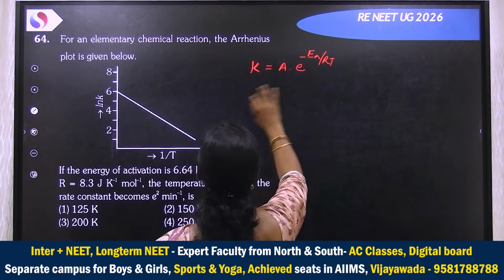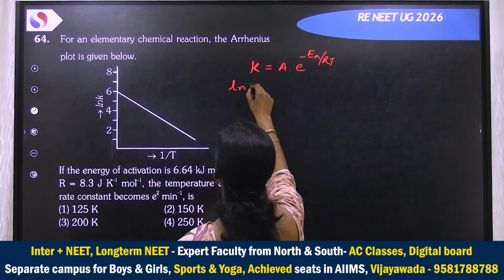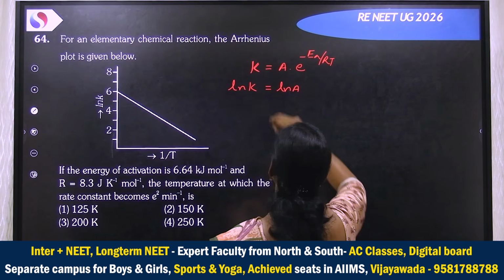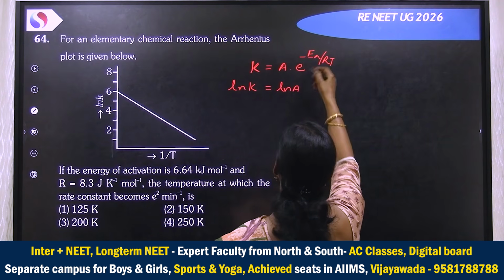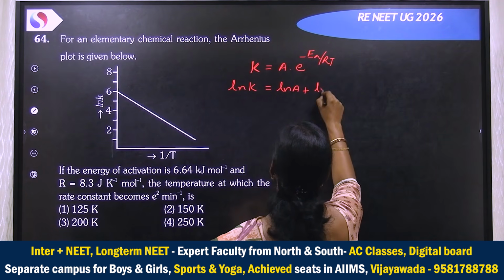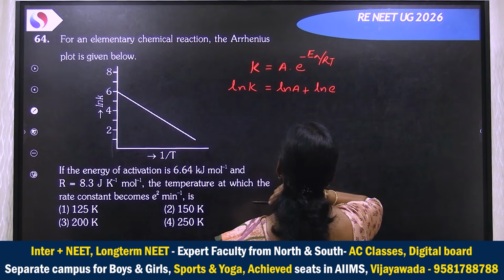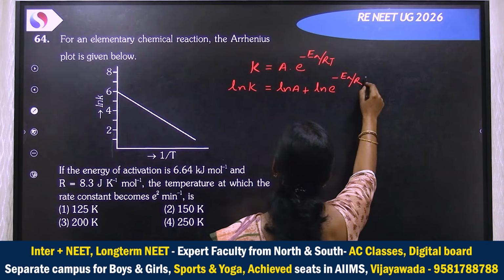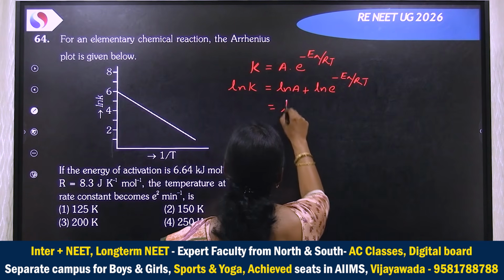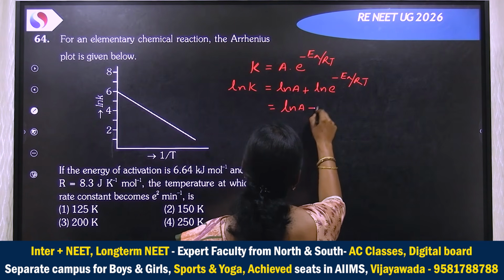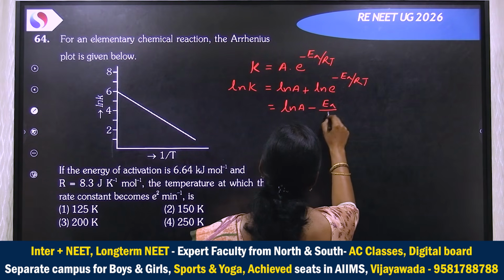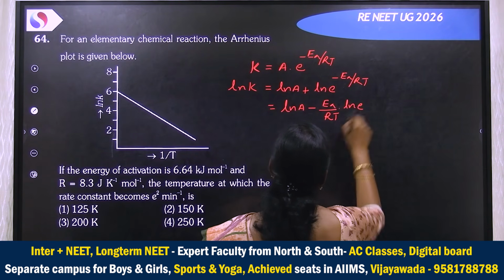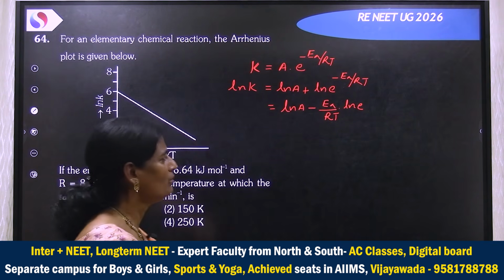If we apply ln on both sides, natural logarithm, ln k equals ln A plus ln e power minus Ea by RT. Then we get ln A minus Ea by RT into ln e. The ln e value is equal to 1.